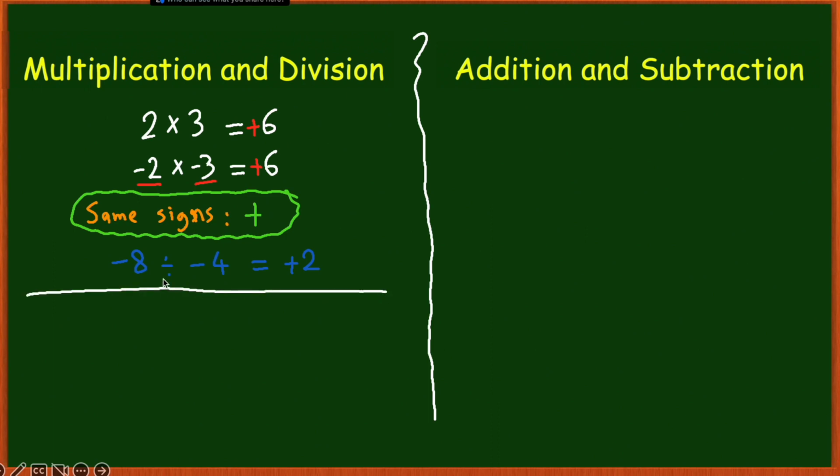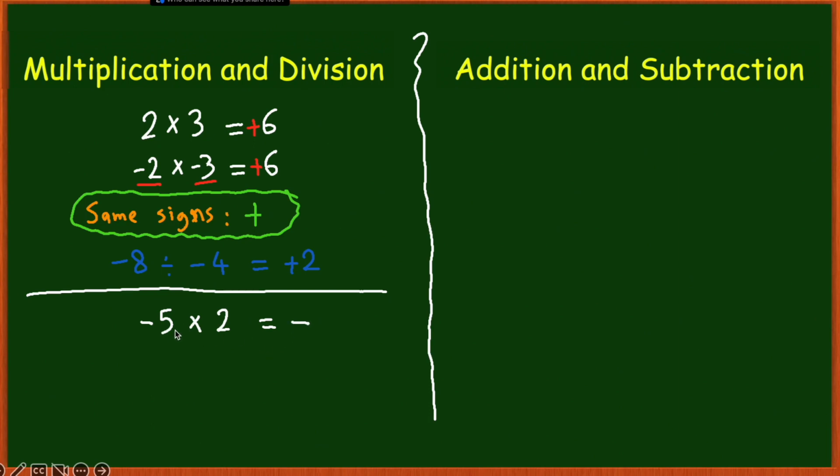We can also ask, what about different signs? Well, you can expect that whenever they have different signs, the answer is going to be negative. But let's take an example here. A negative 5 times 2. What's the sign of the 5 here? It's a negative. What's the sign of the 2? It's a positive sign. So they do have different signs. They don't have the same signs. In this case, the answer will have a negative sign.